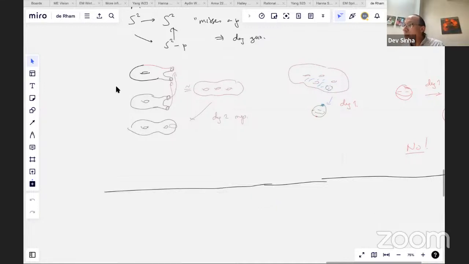Okay. So let's talk about first the volume form on S2. So you have that S2 is unit vectors.